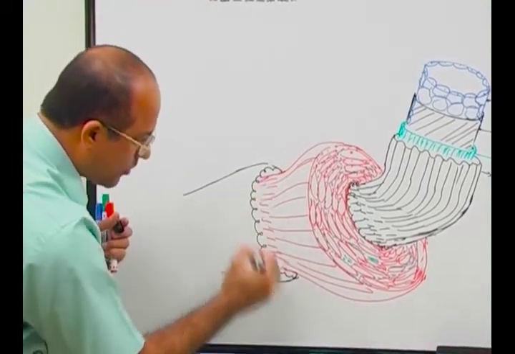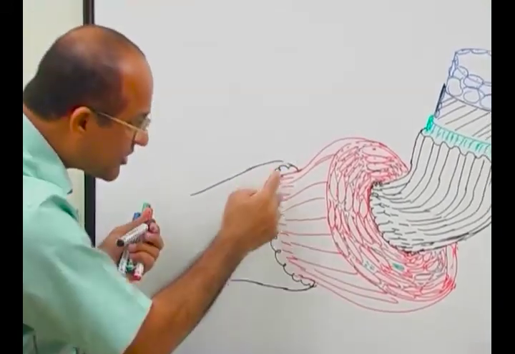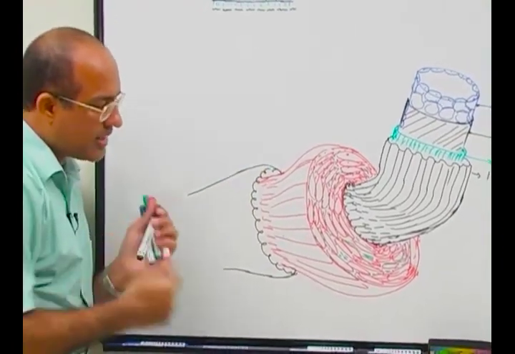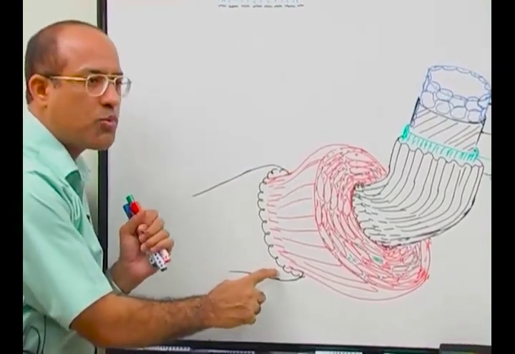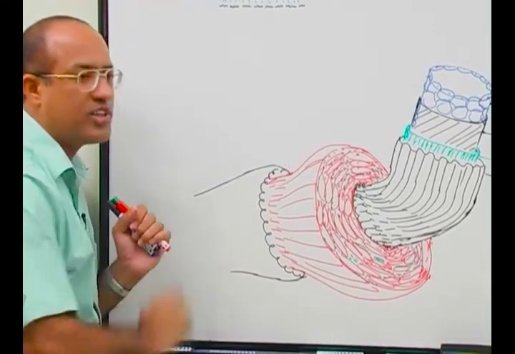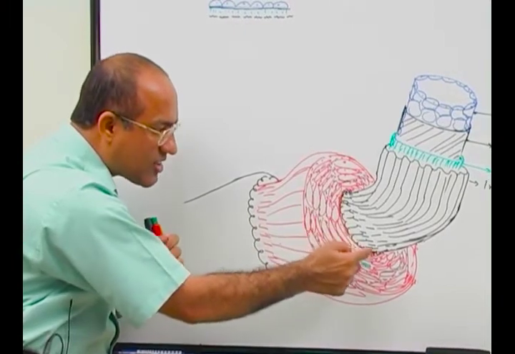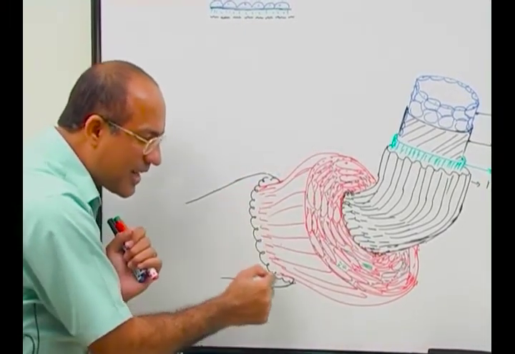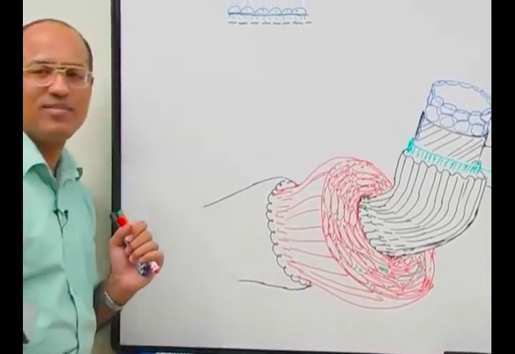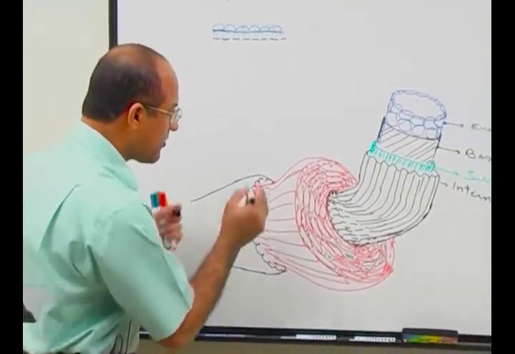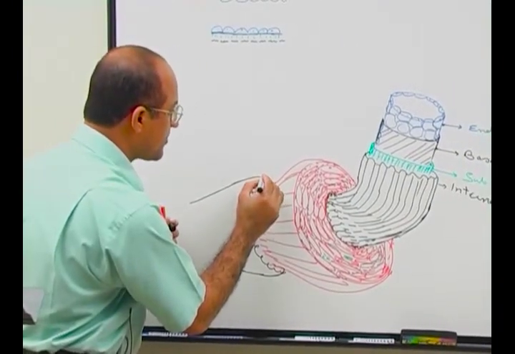Another covering, it has a very special type of covering. What is this covering over it? Look, there is something special here which will put a boundary between the media and adventitia. If this was internal elastic lamina, this should be external elastic lamina.